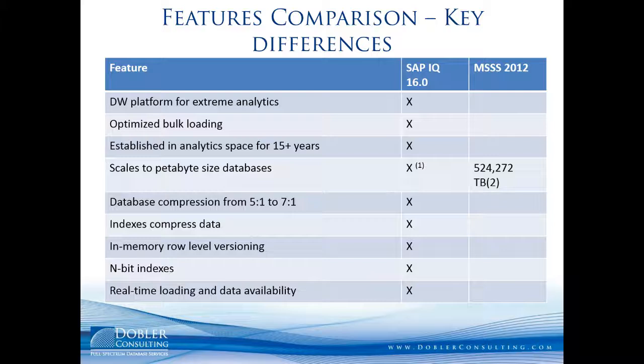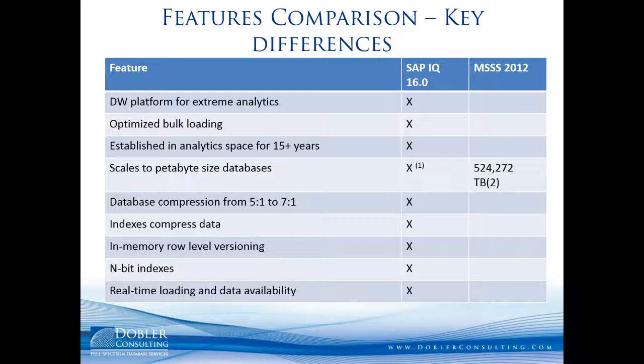N-bit indexing doesn't sound like much, but it can be much. It has all to do with cardinality on your data and how big you want to store data. Before, IQ had 1, 2, and 3 byte token indexing. That's how IQ does the indexing behind the scenes. With the n-bit indexes, it can be anything in between.